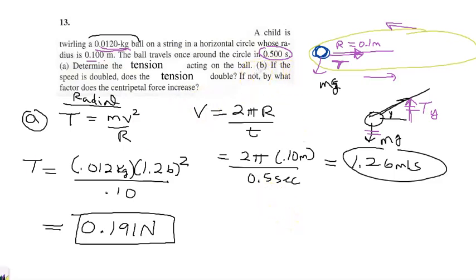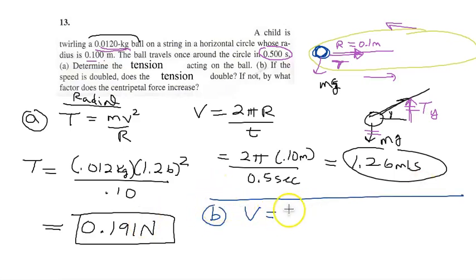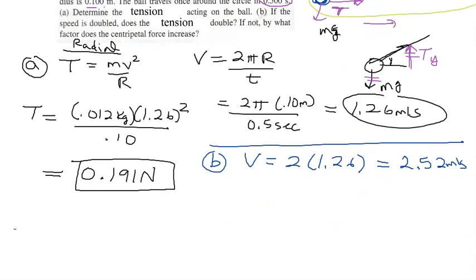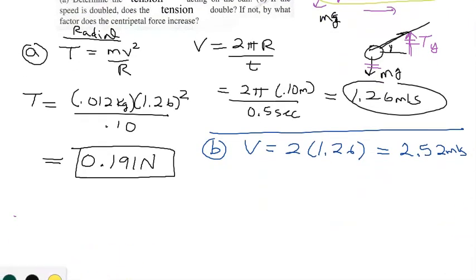Okay, question B says, what happens if you double the speed? So if you double the speed, then V is going to be 2 times 1.26, or 2.52 meters per second. Okay, so the tennis ball is going twice as fast. So you might assume the tension's going to double.